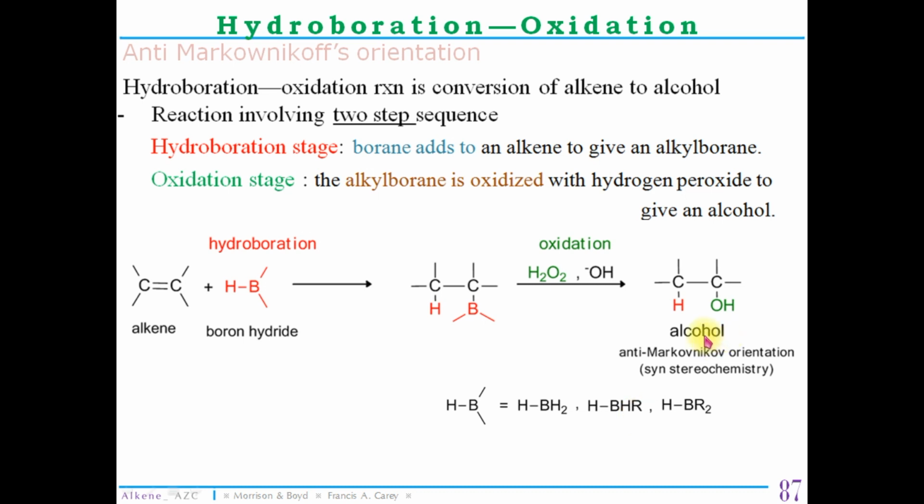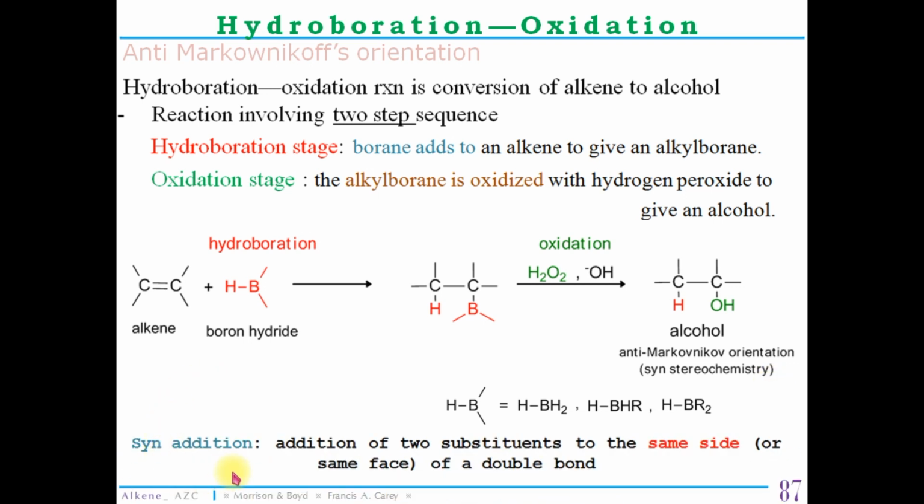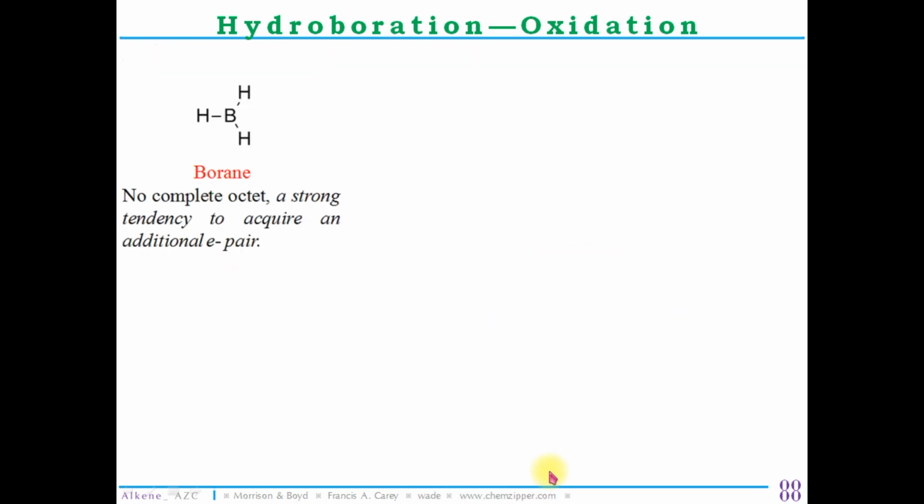Alcohol which is formed is anti-Markovnikov orientation with syn stereochemistry, which means syn addition of two substituents to the same side, or we can say same face of double bond.